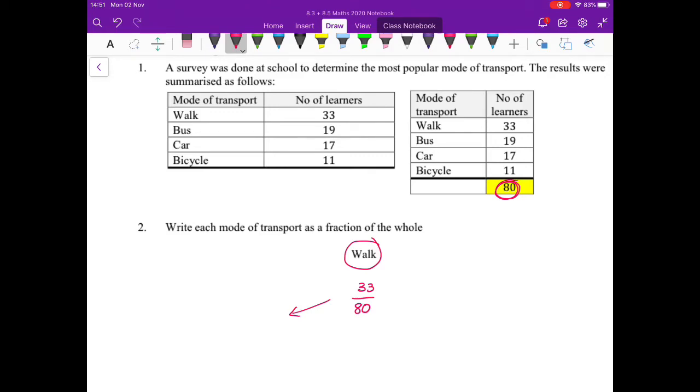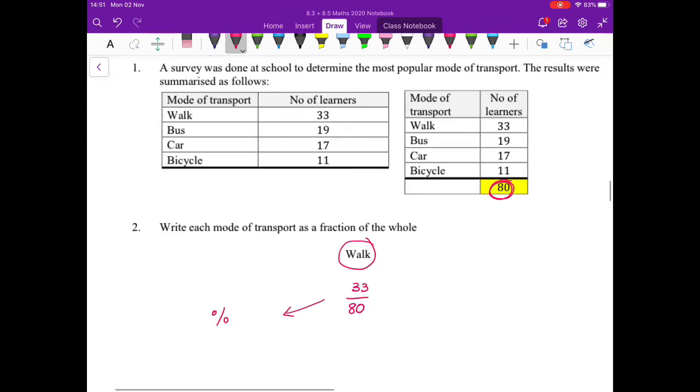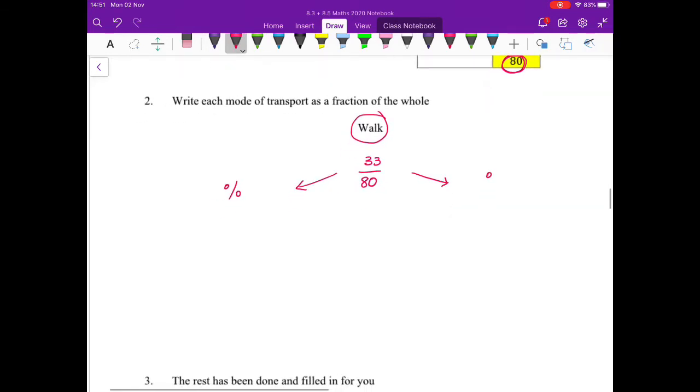And for a pie diagram, we need a percentage. So we're going to have our percentage on this side and our degrees on that side. So what we will do is here, we would take 33 out of 80. We would multiply it by 100 over 1.